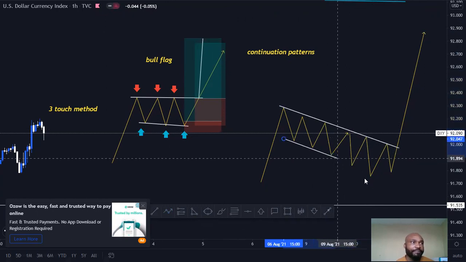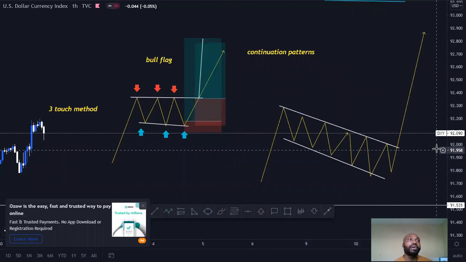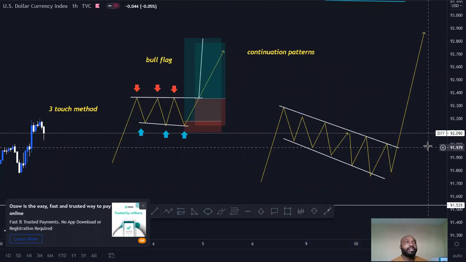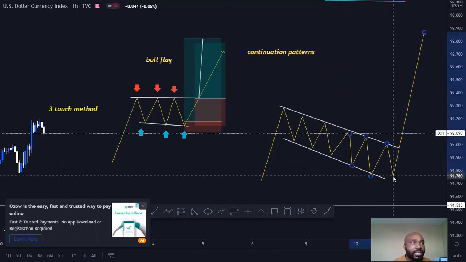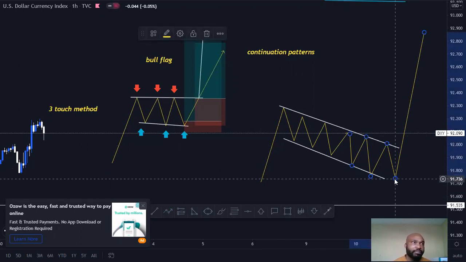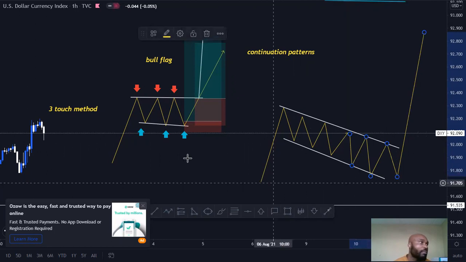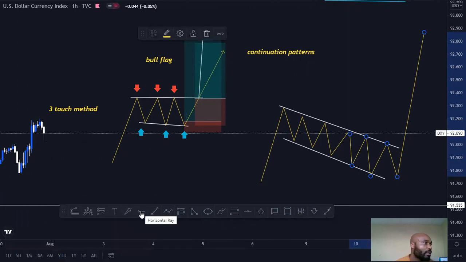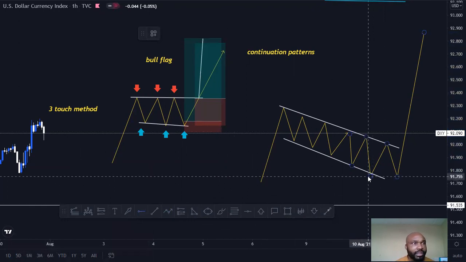Okay, guys, so this will be your extended correction. With these extended flags, you might see something that looks like a mini double bottom or an arc forming within that area.